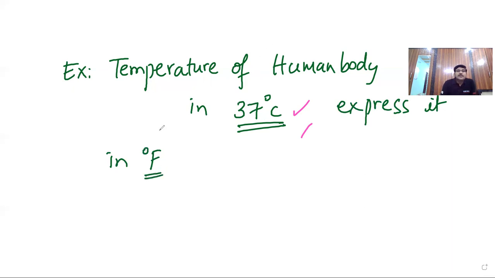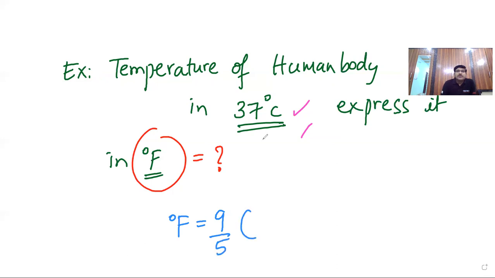So we make use of the conversion formula. Degree Fahrenheit is equal to 9 by 5 into 37 degrees Celsius, plus 32.